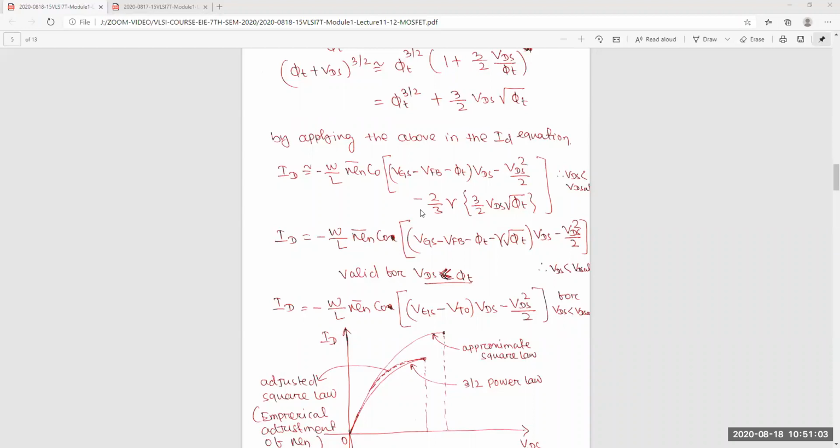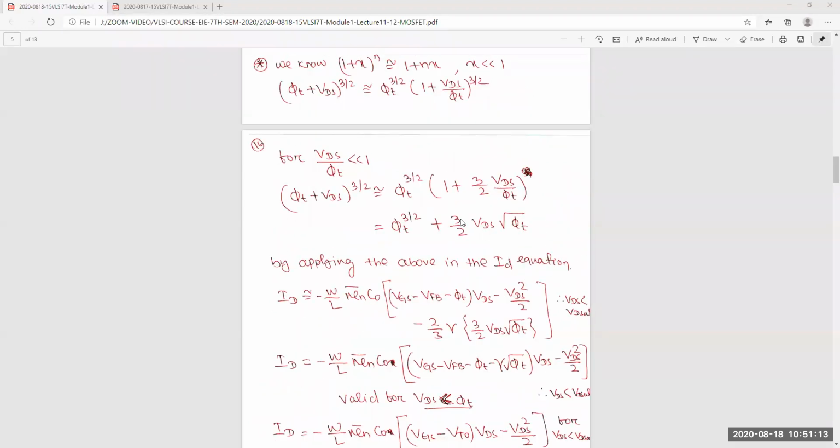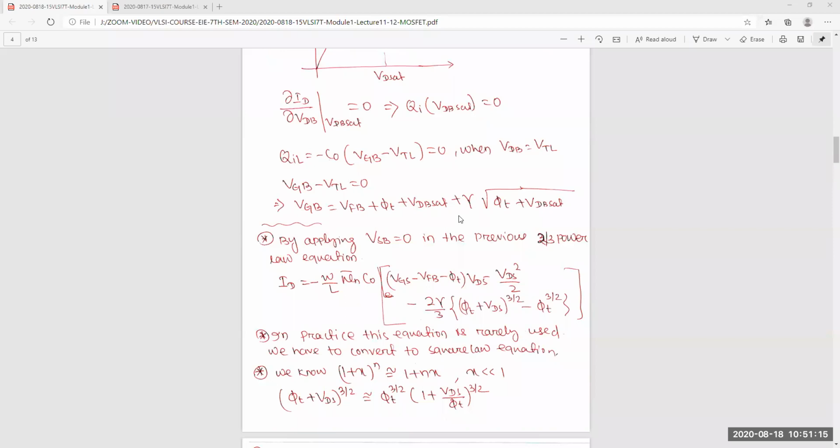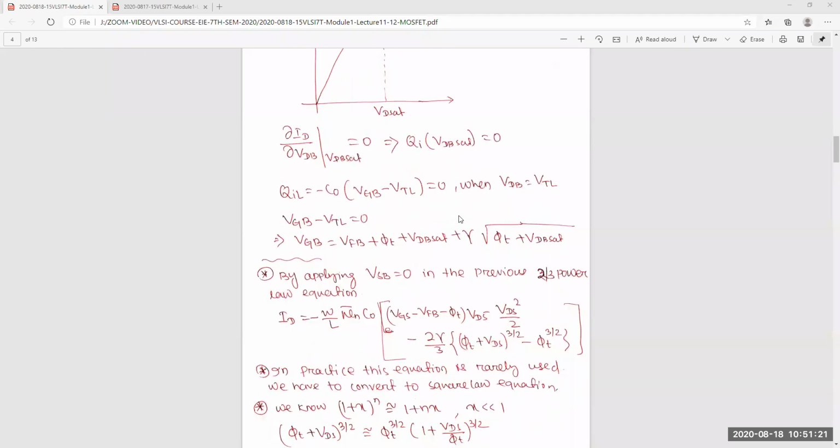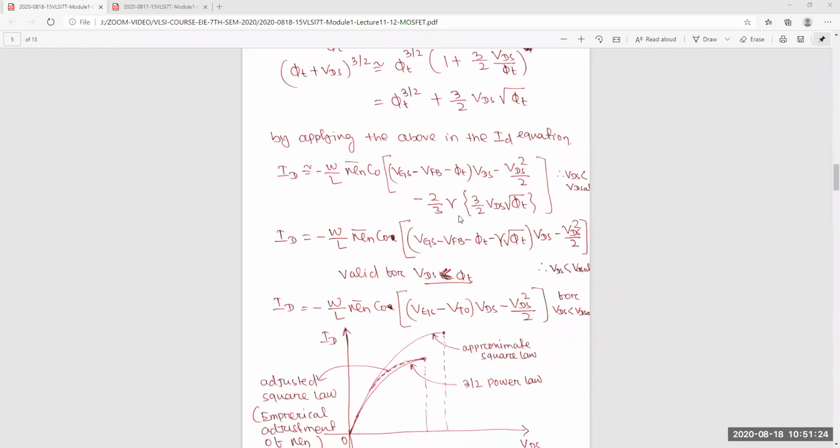Whatever you calculate, use that square law equation. Okay, so up to this you understood or not? You only have to do the mathematics, meaning how it is coming. Everything is written, just check, recheck, or do it again and see whether you are getting the same thing or not. Okay, clear everyone?